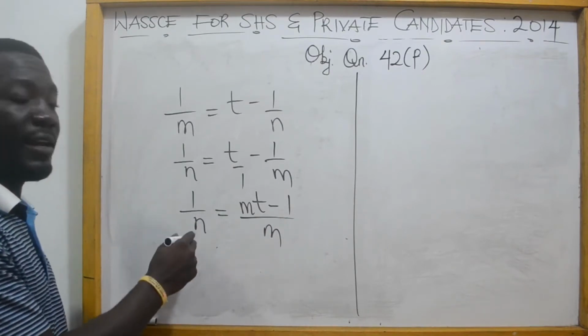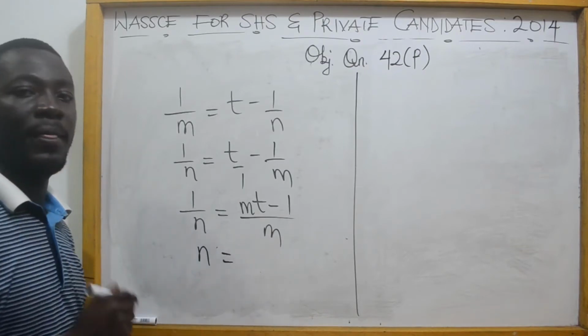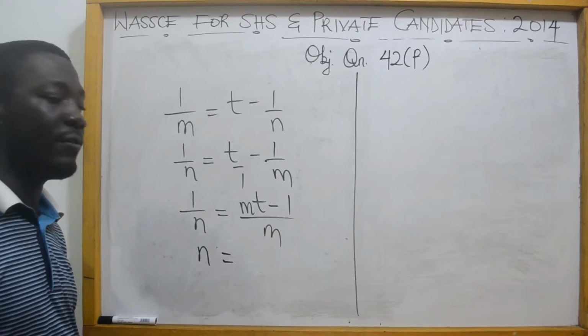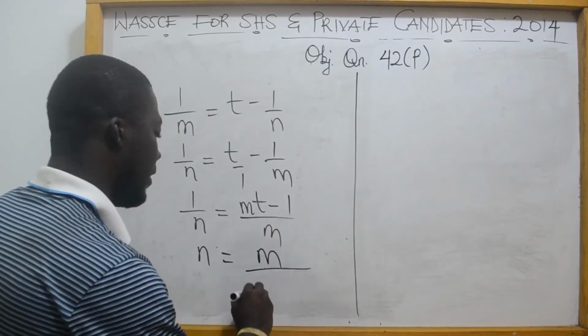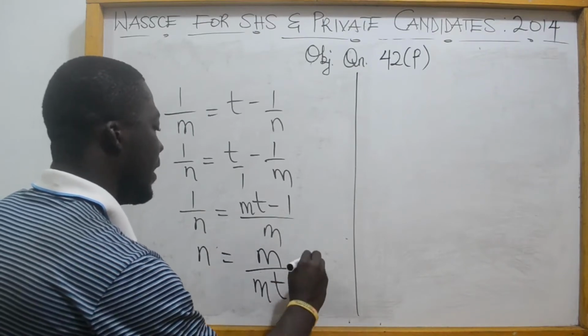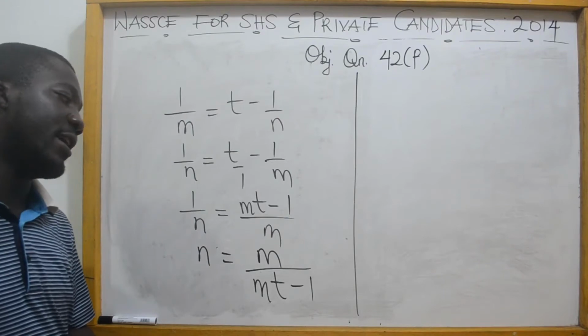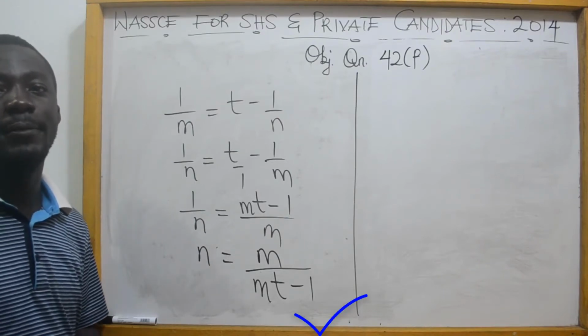So 1 over n, the reciprocal of 1 over n is n, is equal to, and the reciprocal of mt minus 1 over m is m over mt minus 1. So the value for n is m over mt minus 1.